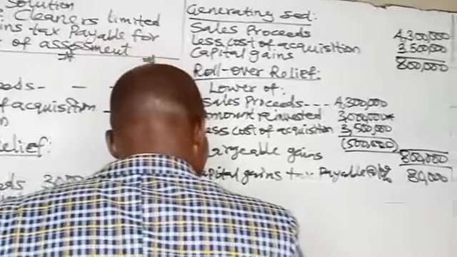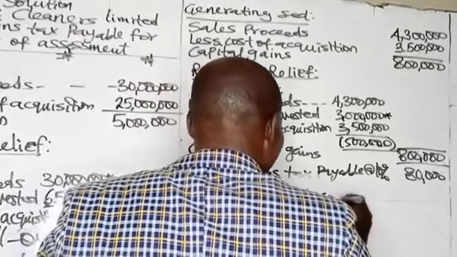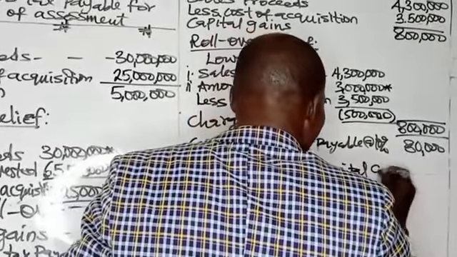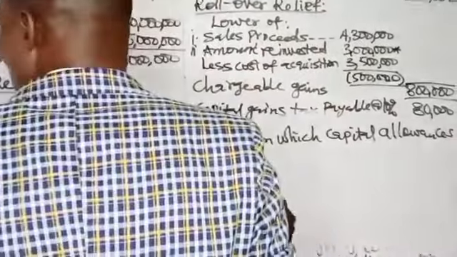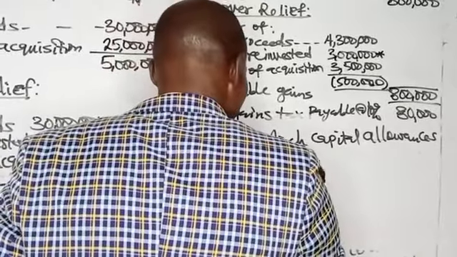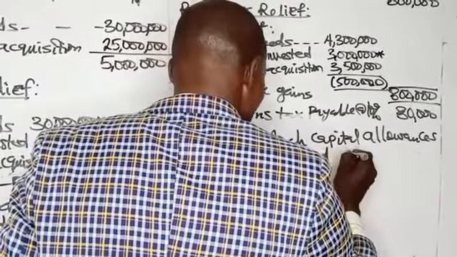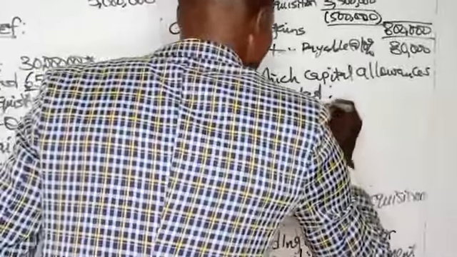So the cost on which capital allowances will be granted include, for building, amount reinvested in building is 65 million.